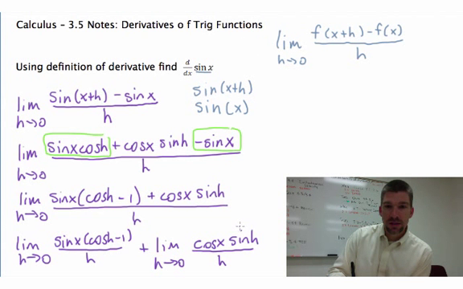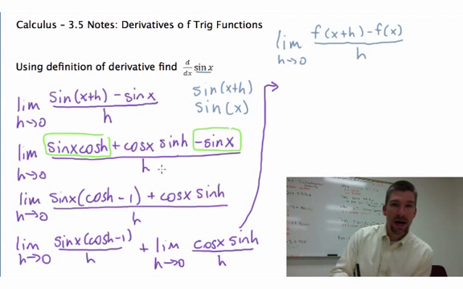And so let's just carry this on right up here. If you'll look at that very first guy, I can actually take the sine of x and put him in the front. That just leaves me with cosine h in the middle. Same with this guy. I can take him and put him in the front.